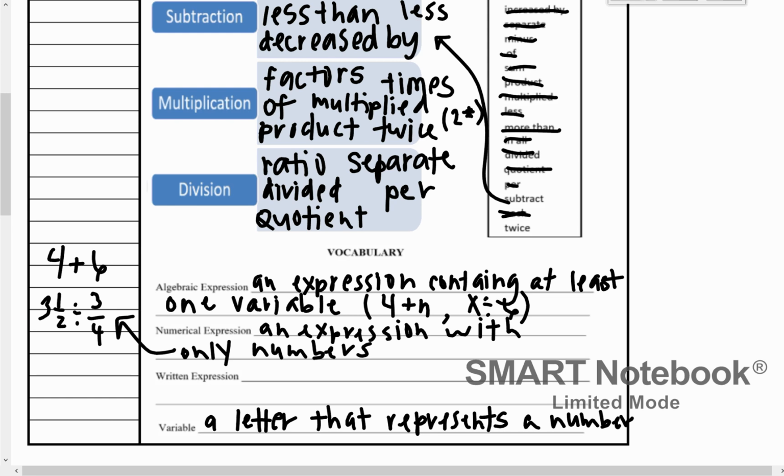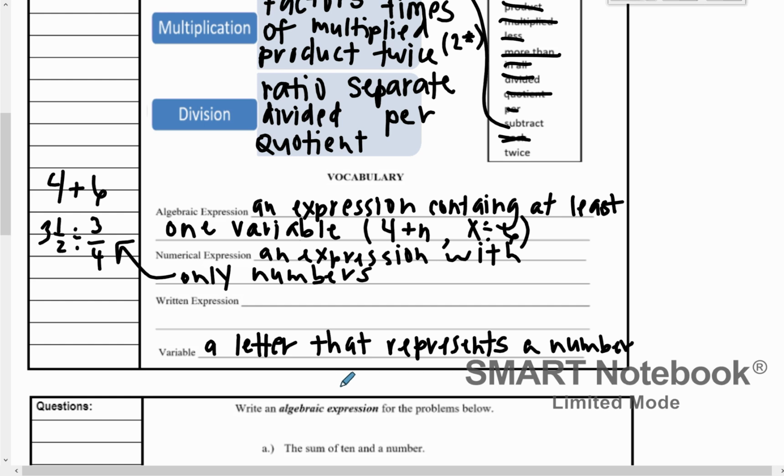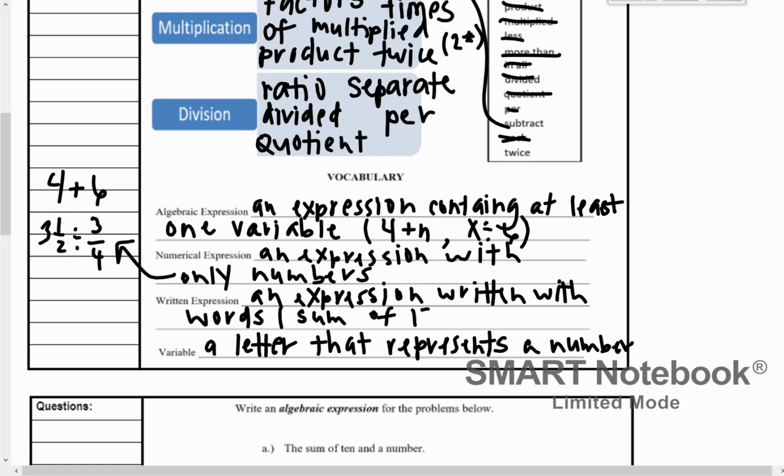A written expression, so today we're going to learn how to convert written expressions into algebraic expressions. So a written expression is an expression written with words. Okay, an example of that might be the sum of 17 and x, where the sum of 17 and a number.